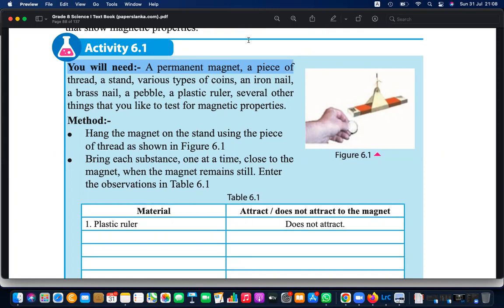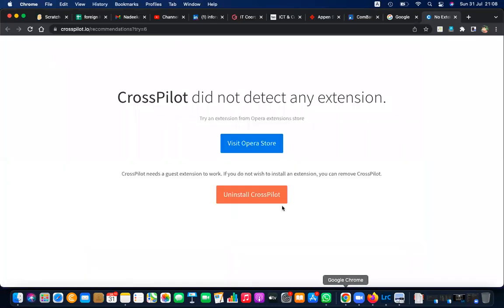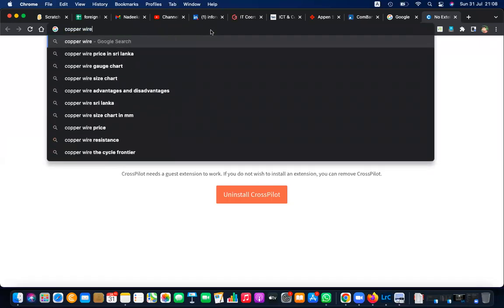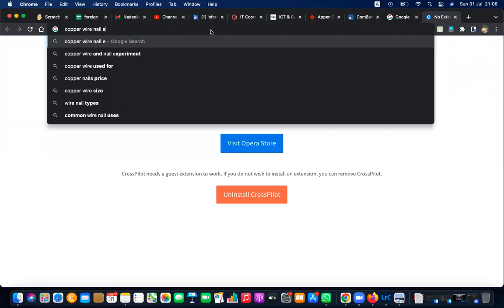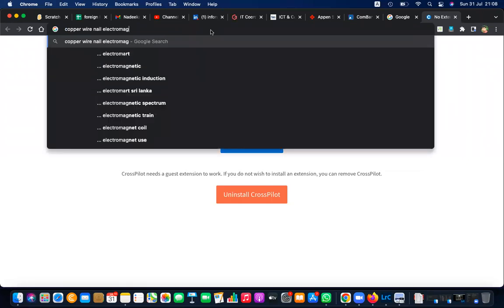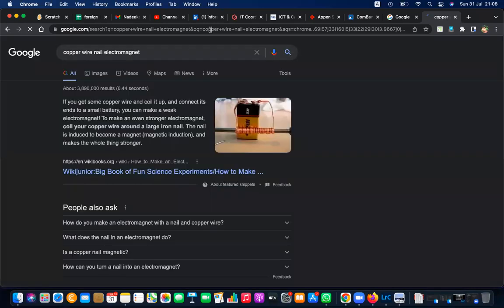We have done a practical in lower grades where copper wire is wrapped around a nail and then you give power, right? Copper wire and nail: this is the simple electromagnet that you created. If you cannot remember, you can create this.